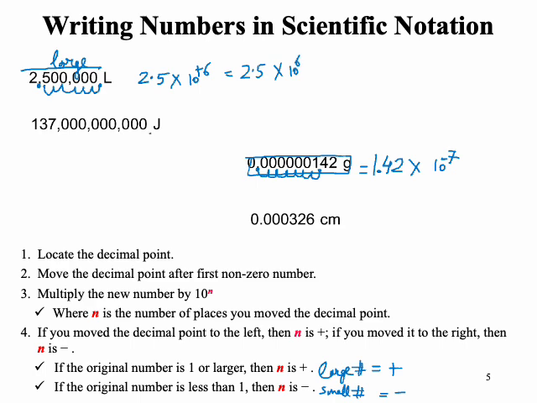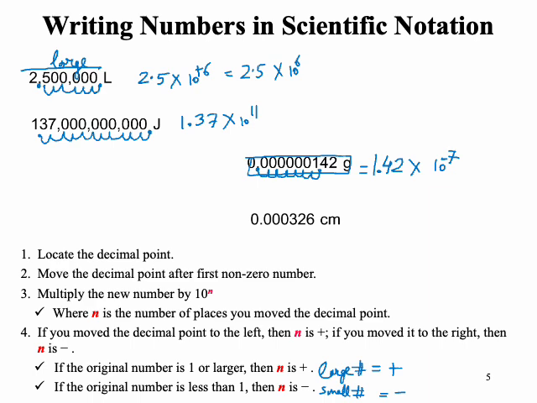Let's try this. I'll put the decimal right here. I want it at this location, so I'm moving it 1, 2, 3, 4, 5, 6, 7, 8, 9, 10, 11, which means 1.37 times 10 raised to power positive 11, because it's a very large number to begin with.